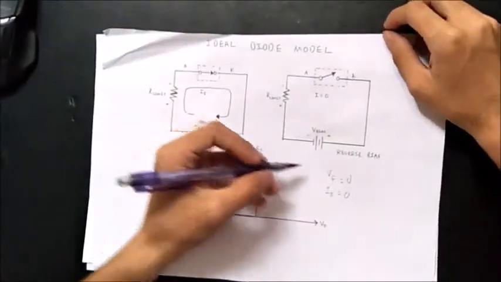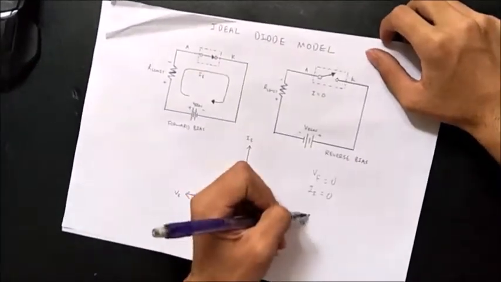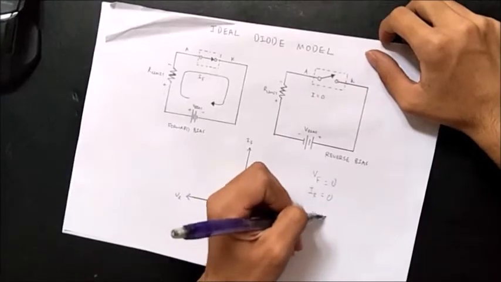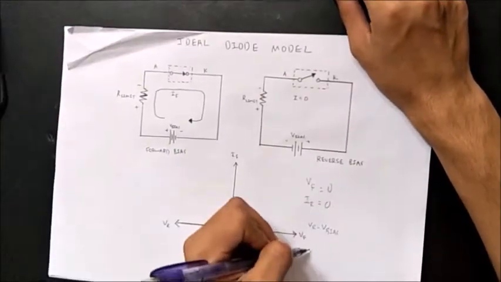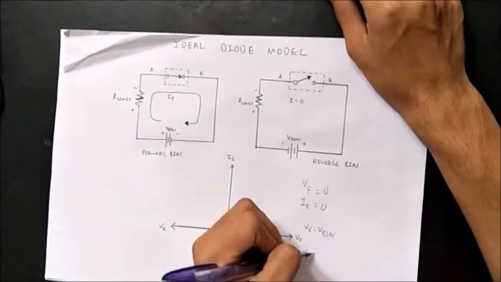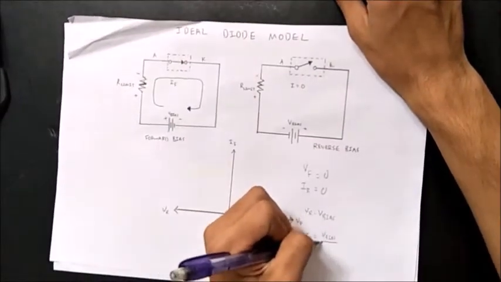The reverse voltage is equal to the bias voltage. While the forward current can be determined by Ohm's law, which is forward current equals bias voltage over resistance.